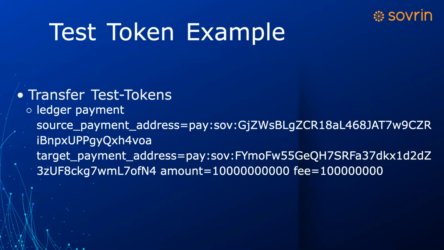Are there any more questions on transferring tokens? The first thing that has to happen is you send me a payment address. On your own test network, you can set it up to where you mint to a payment address and then just use that payment address to pay for everything.